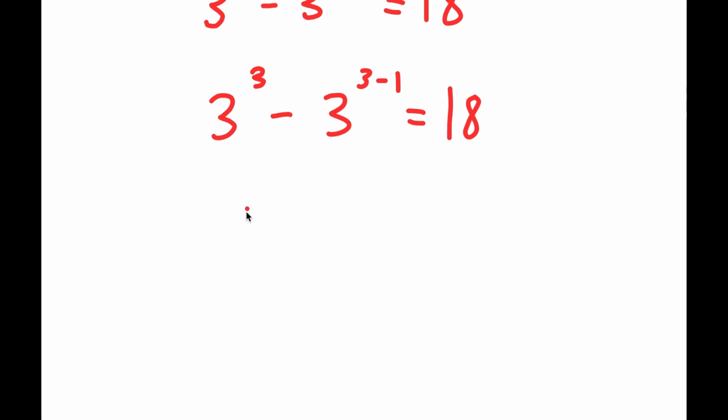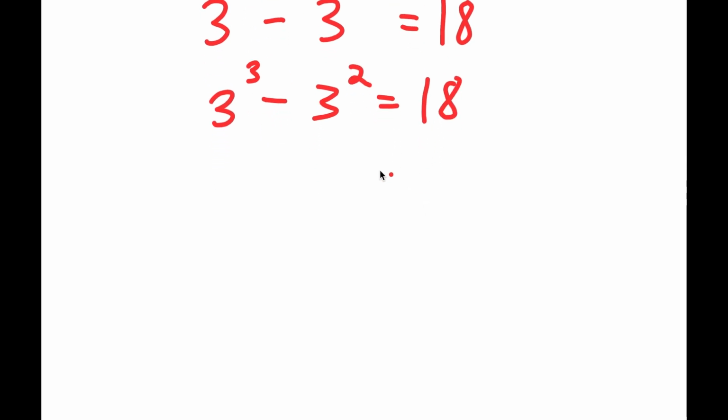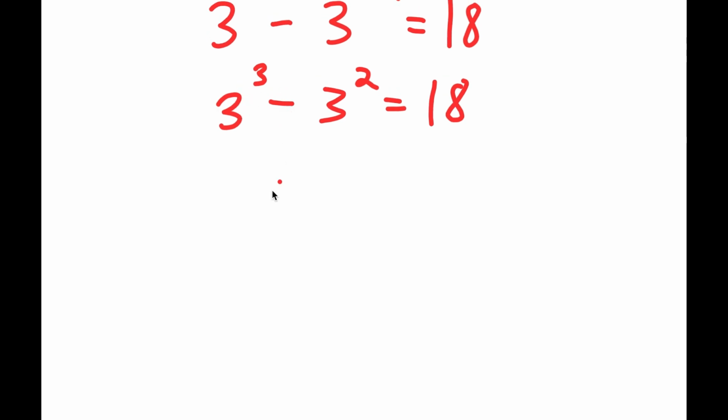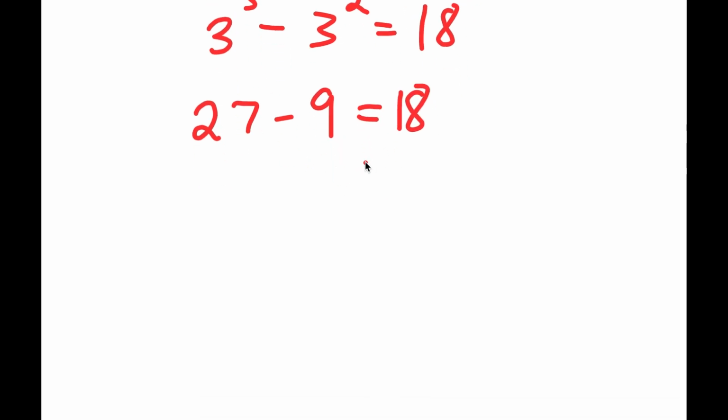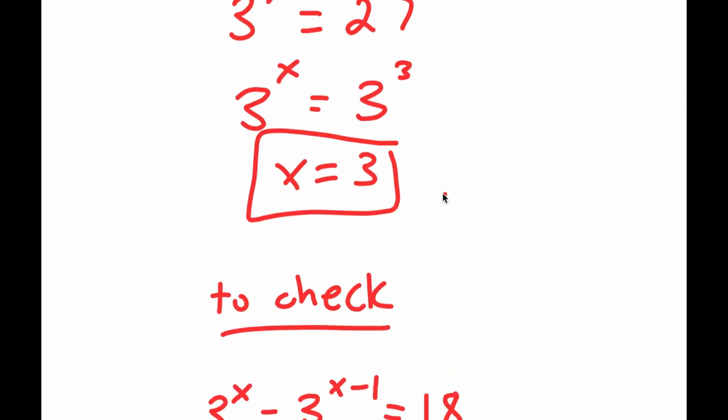And 3 to the power of 3 minus 1, that's 3 to the power of 2, so I have 3 to the power of 3 minus 3 to the power of 2 is equal to 18. And 3 to the power of 3 is equal to 27. 3 to the power of 2 is equal to 9, so I have 27 minus 9 is equal to 18. And 27 minus 9, that is 18. So I get 18 is equal to 18, and because this is right, my solution of x equals 3 is also right.